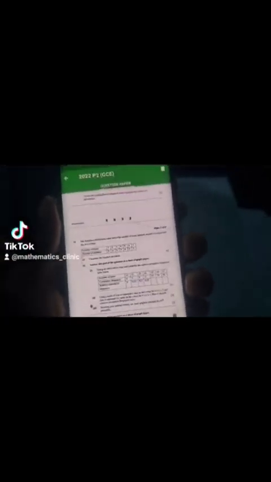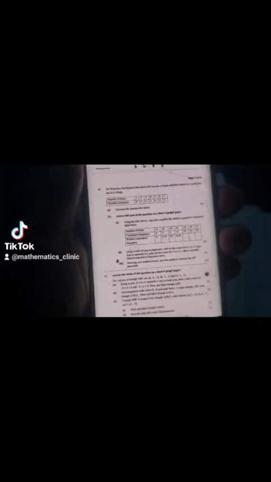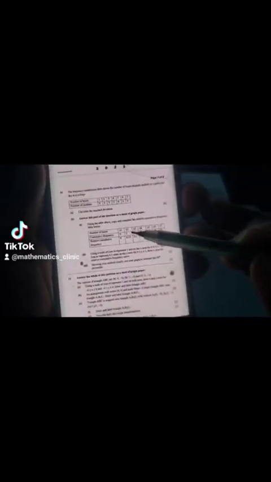So we say 0 divided by 20 is 0, hence that is 0 here. Then 3 divided by 20, we are getting 0.15. Then 6 out of 20, we have 0.3.